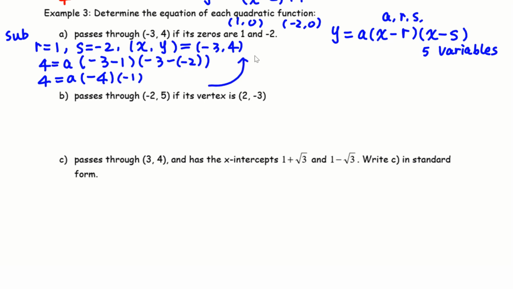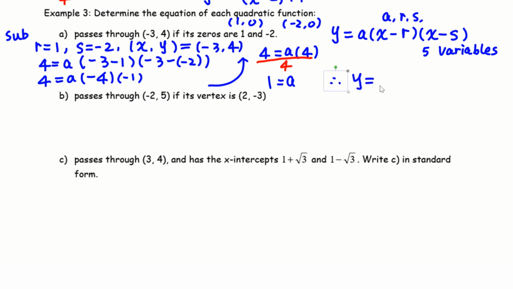Then do the multiplication: 4 equals A times -4 times -1, -2 becomes positive. Then we move the 4 to the other side; its opposite operation is division. So A equals 1.